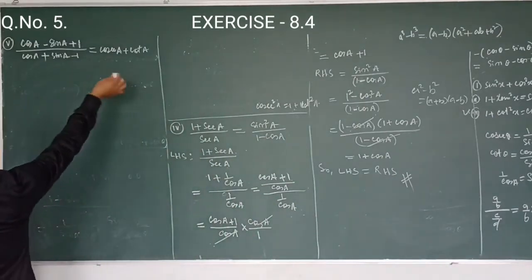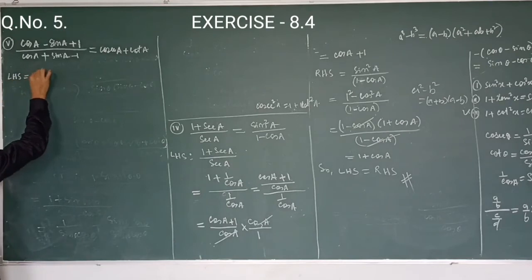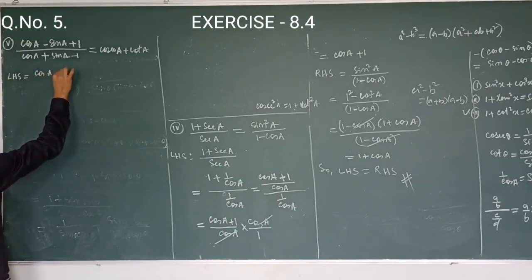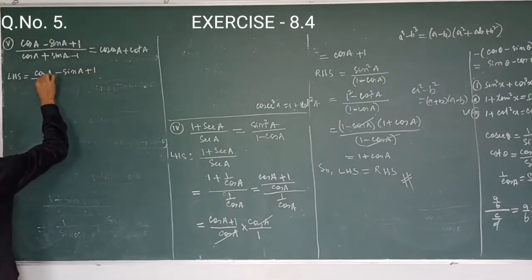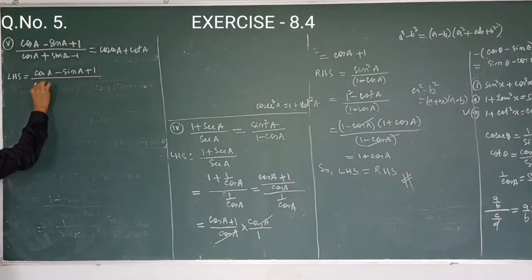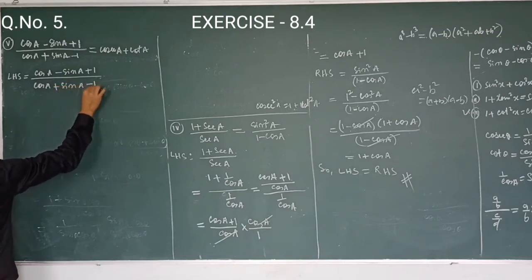So again we take the left hand side. Left hand side is cos A minus sin A plus 1 divided by cos A plus sin A minus 1.